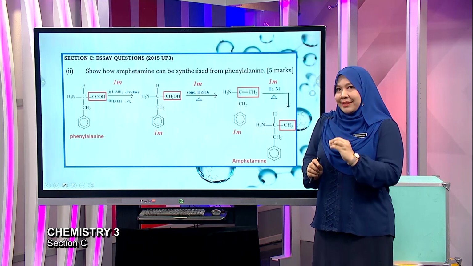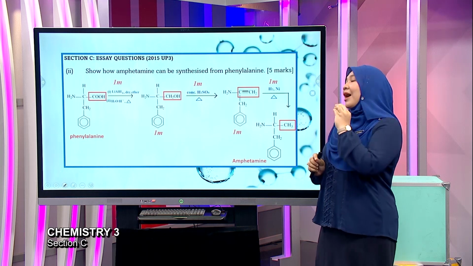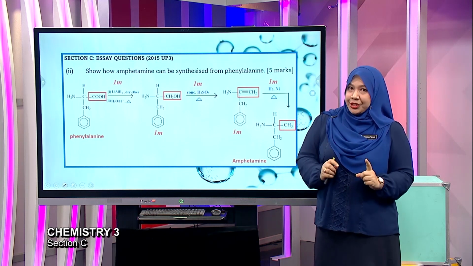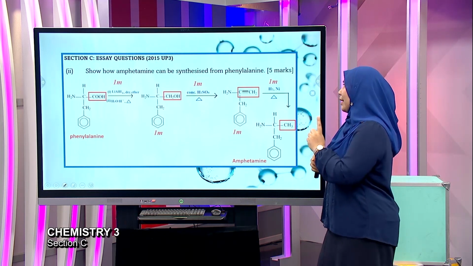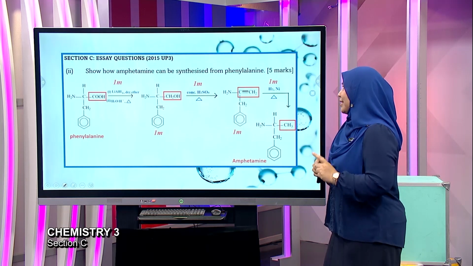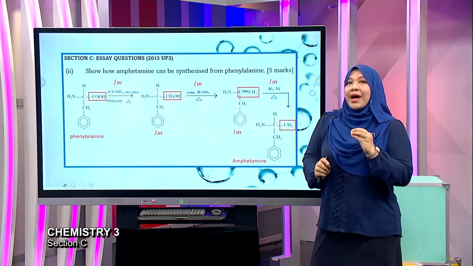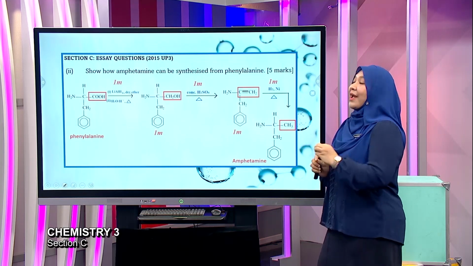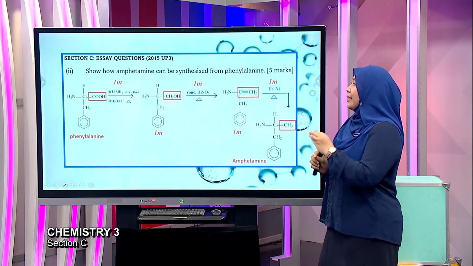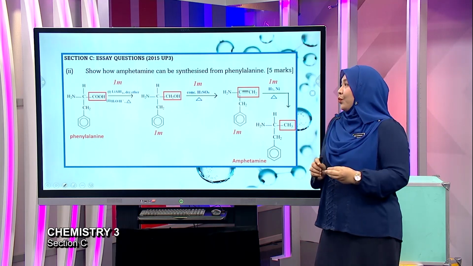So now here, what happens is that carboxyl will undergo reduction. And the correct reagent and condition is lithium aluminium hydride in the presence of dry ether, and acidic hydrolysis with heat.